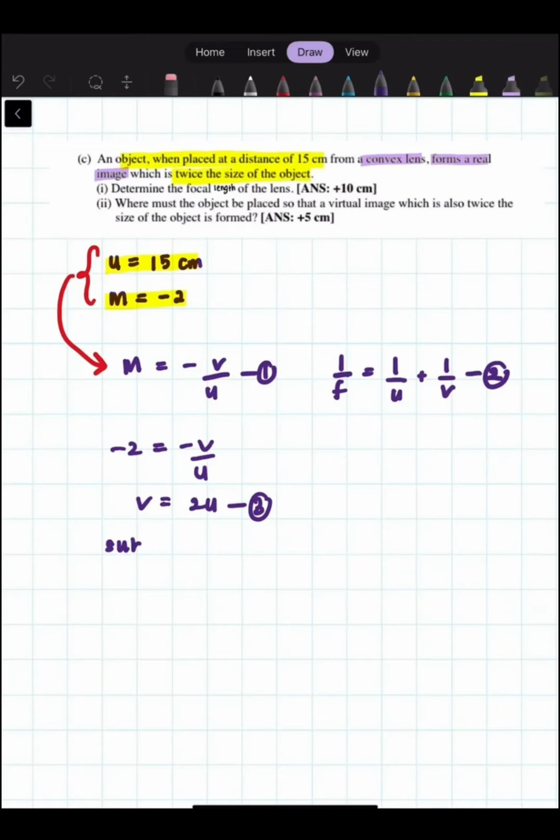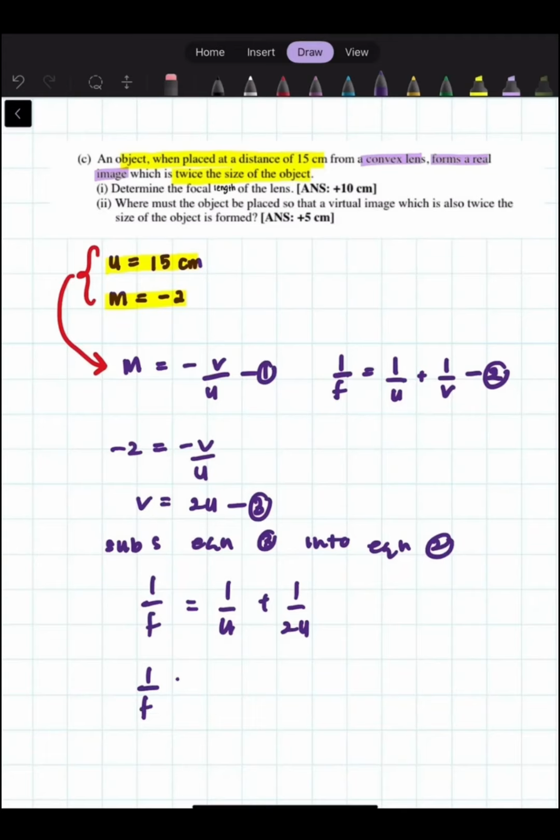Now we can sub equation 3 into equation 2. Now we can rearrange. You either rearrange to get f or you can plug in your numbers, then you can rearrange.